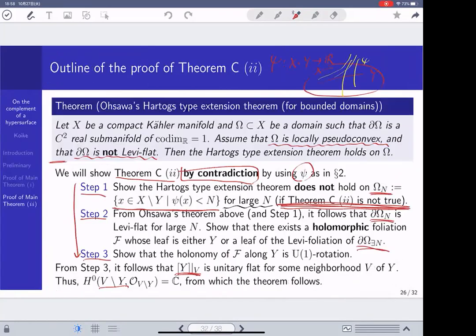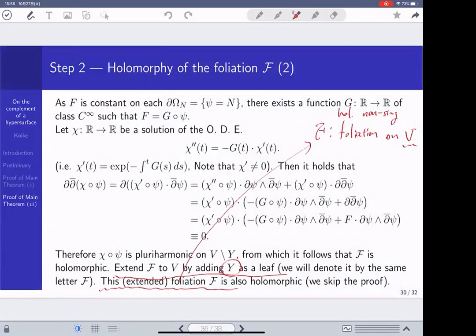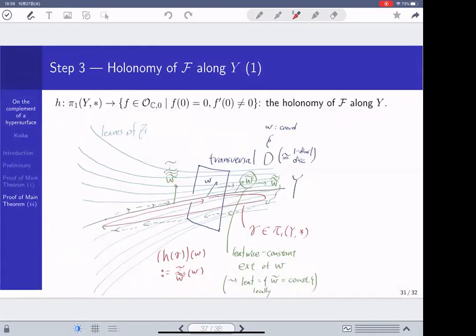I mean, F is a foliation whose leaf is either Y or a leaf of the Levi foliation of the Levi-flat. What is important is actually that this F is a holomorphic foliation. Here I've skipped the proof of transversal holomorphy, but I will explain the last part.